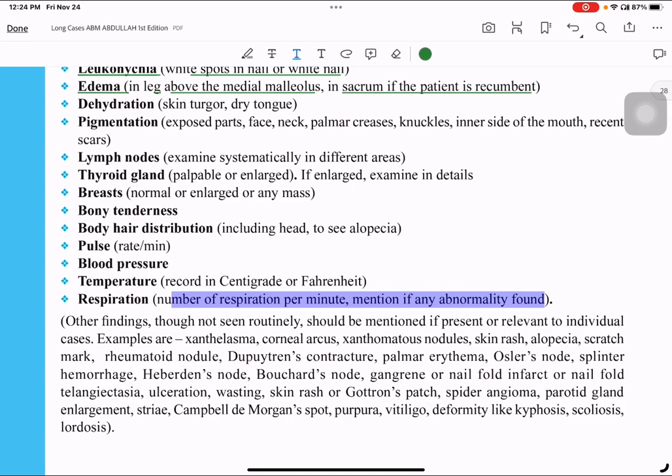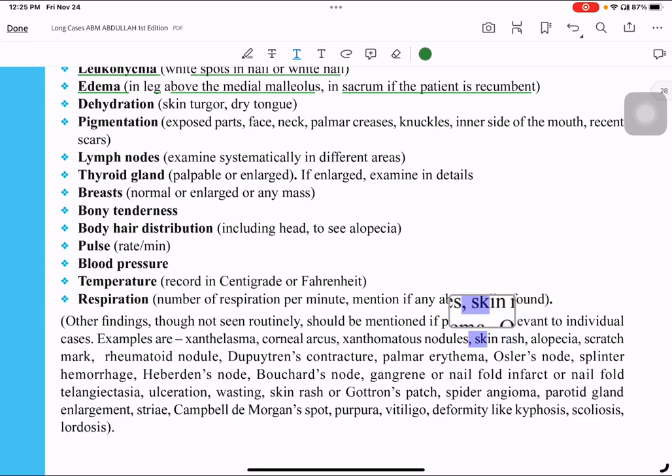We have to take a thorough look. The patient may have xanthelasma, which may indicate dyslipidemia, corneal arcus in case of dyslipidemia, xanthomatous nodules in case of dyslipidemia. A skin rash may be due to a viral rash, or some connective tissue disease, or it may be due to some bacterial infection, like meningococcal meningitis, which may present with a skin rash.